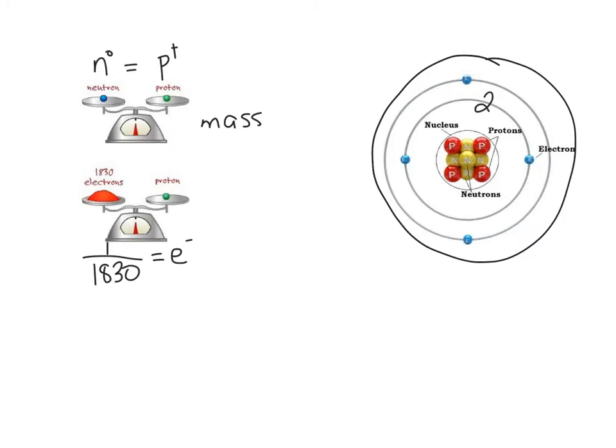The second ring can only hold 8, and the third ring can only hold 8 electrons. And basically, the number of elements on a row is equal to the number of electrons on a ring in a Bohr diagram or a Bohr-Rutherford diagram.